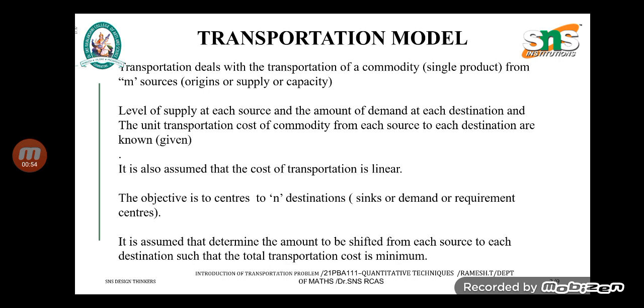It is also assumed that the cost of transportation is linear. The objective is to determine the amount to be shifted from each source to each destination, such that the total transportation cost is minimum. That is the objective of the transportation problem.